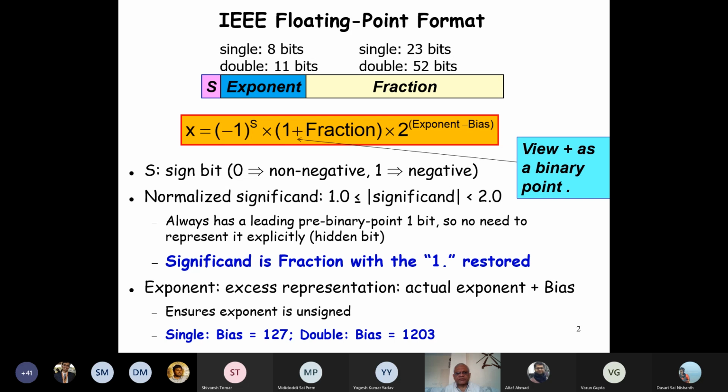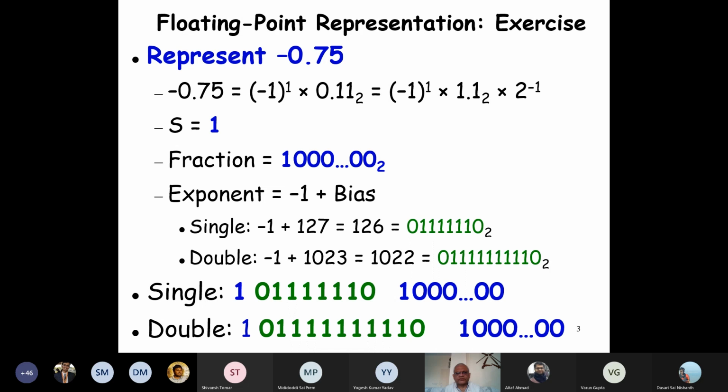That it helps represent larger exponent, I don't agree to that. So please think about it, do some study. Does it help and how does it help? Please send me your thoughts on that by email. And now let's do a few exercises.